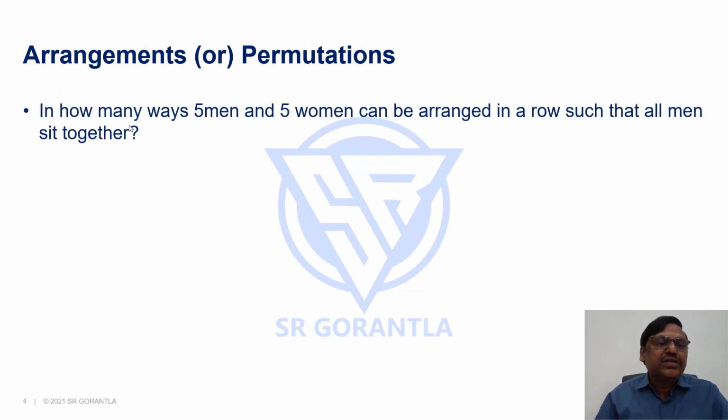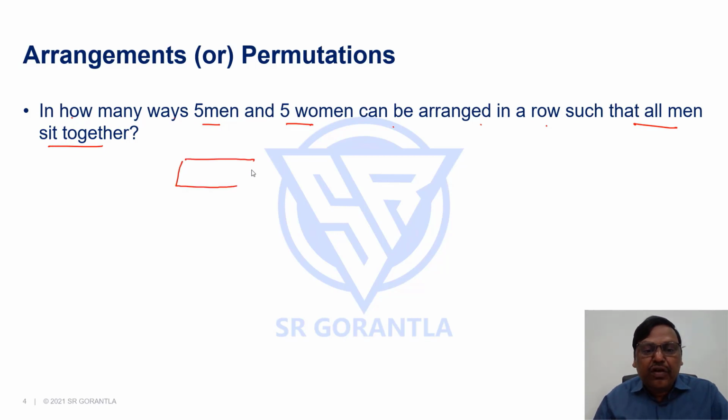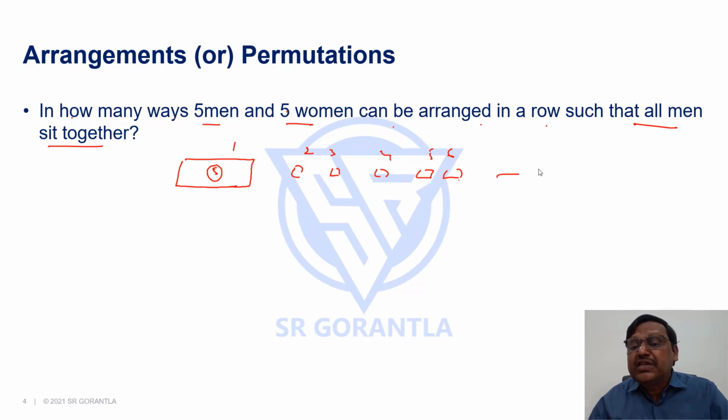However, if you look at the next question: in how many ways can 5 men and 5 women be arranged in a row such that all men sit together? All men sit together means we'll take all 5 men as one unit, and 5 women as 5 different units. So in total we have 6 different units. As you know, 6 different units can be arranged in 6 factorial ways.